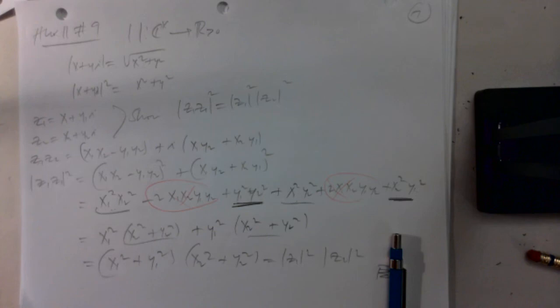Belongs to H prime. Which part of problem 5 are you looking at? I'm looking at part B, which says prove that the kernel of f is a subgroup of H, which is the same as f inverse of H prime.